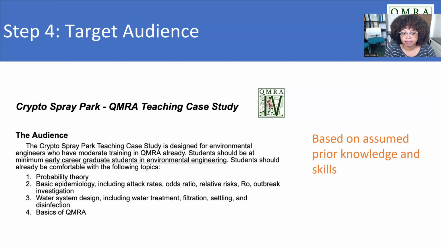Some specific topics that the student should be comfortable with before undertaking this teaching case study include probability theory, some basic epidemiology, so understanding attack rates, odds ratios, relative risk, R naught, and what type of information is gathered during an outbreak investigation, so that they can use the data to meet the objectives related to predicting the attack rates.